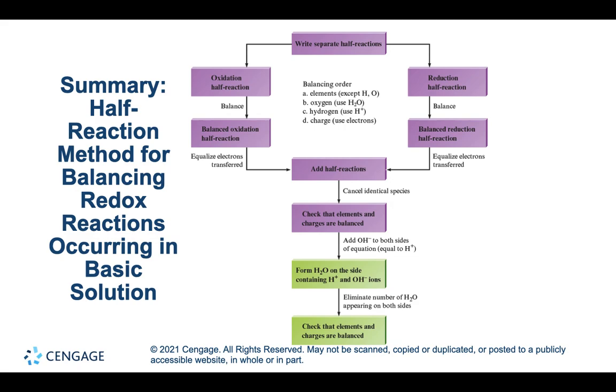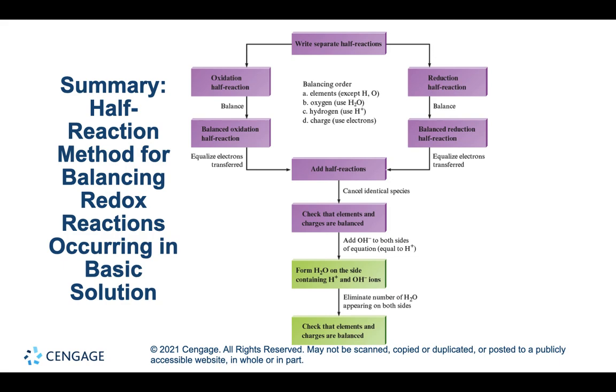So thinking back to last Tuesday, we learned how to balance redox reactions by breaking them into two half reactions, balancing the non-hydrogen and oxygen elements, then balancing the hydrogen and oxygen using H plus and H2O, and then balancing the charge using electrons, then figuring out how many times the oxidation and the reduction reaction have to go in order to have equal number of electrons transferred for both half reactions, then put it back together, simplify it, and you've got a balanced equation.